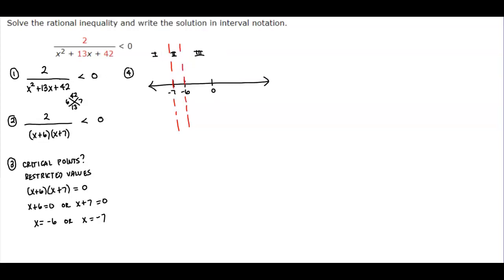And since our inequality is less than, everything's going to be in parentheses. So we're going to go from negative infinity to negative 7 in the first interval. The second interval goes from negative 7 to negative 6. And the third interval goes from negative 6 to positive infinity.